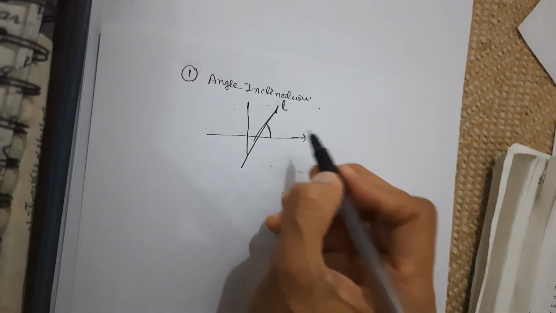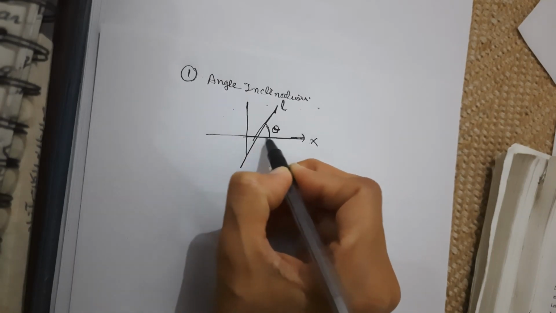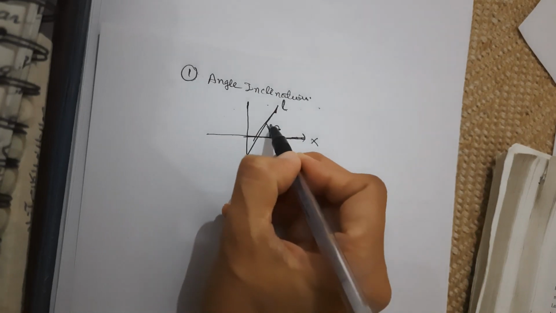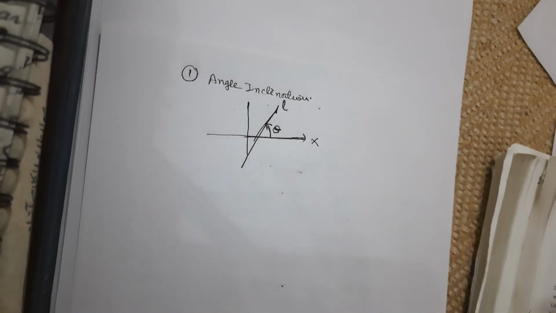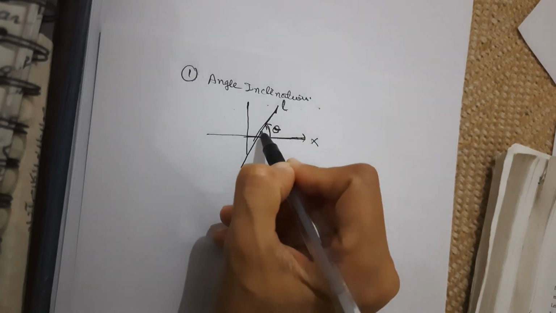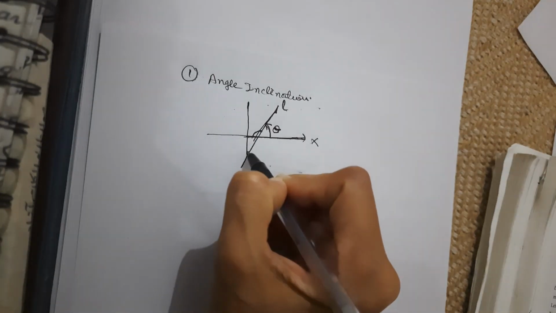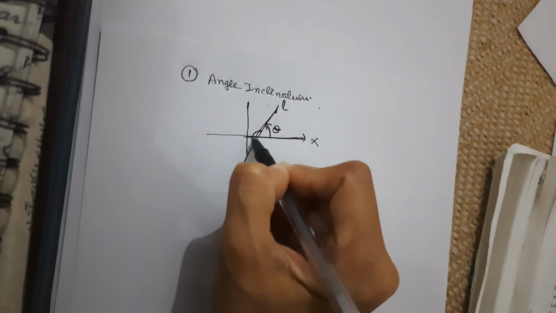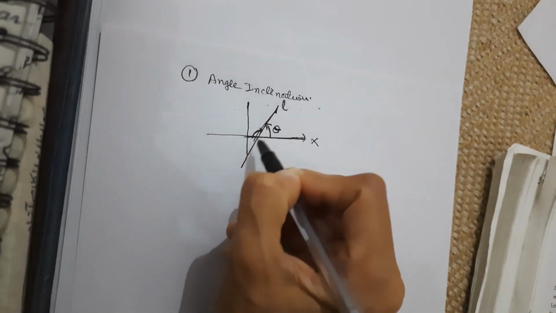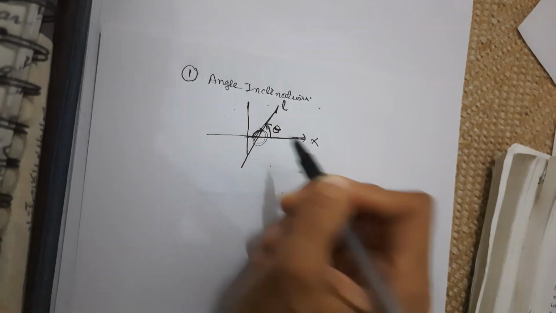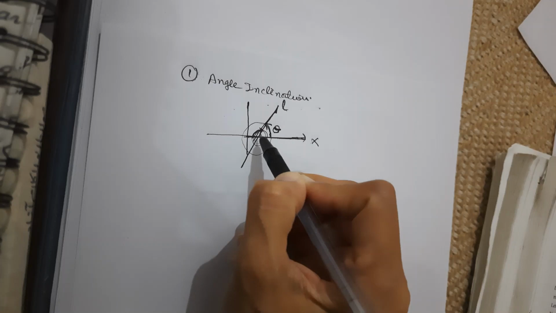Second fact, it is always measured from the positive direction of the x-axis in the anti-clockwise direction. In this case, this is also an angle made between the x-axis and the line, but we are not going to take it, because if we start measuring this angle, we need to go clockwise, which is not as per our definition. We always measure the angle in the anti-clockwise direction.